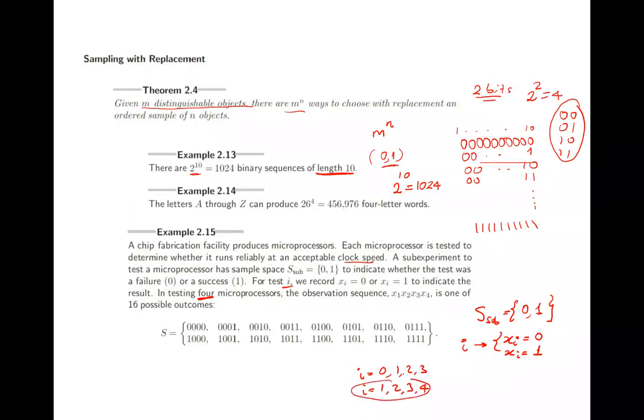Then I will have a 4-bit sequence, right? So let's say x1, x2, x3, and x4. It could be 0, 0, 0, 0, or 1, 1, 1, 1. So then we'll have 2 to the power of 4, which is 16. So the sample space of this experiment is going to have 16 outcomes.